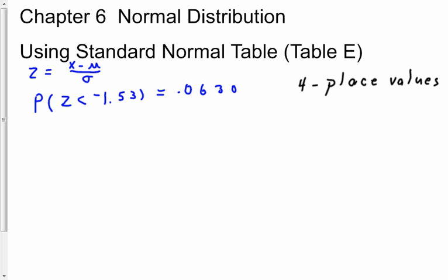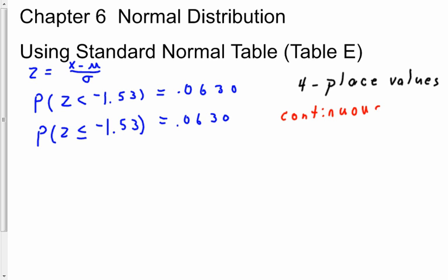Always. And when you're looking at the normal distribution, if we're looking at the probability that z is less than or equal to negative 1.53, that's also 0.0630, and that's because the normal distribution is continuous, whereas the binomial was discrete.